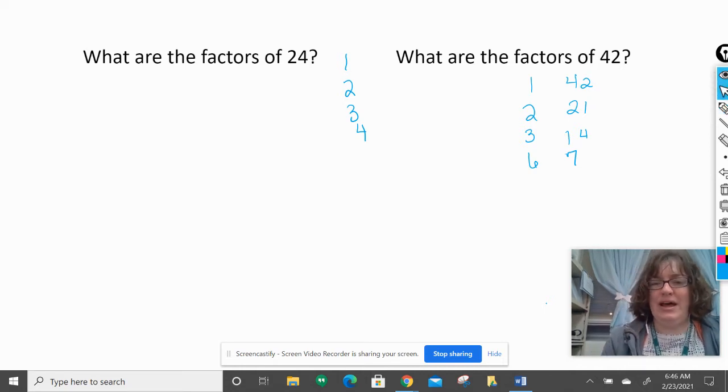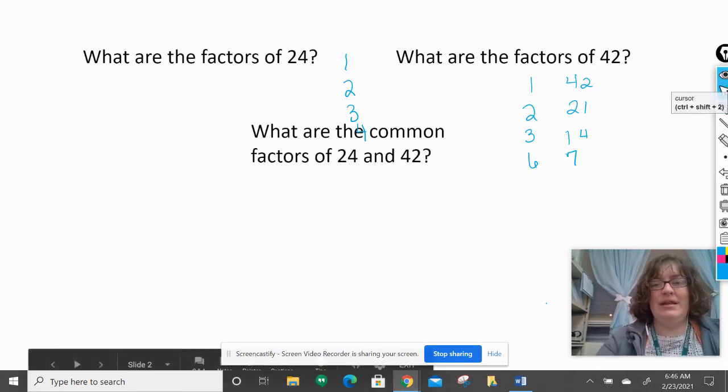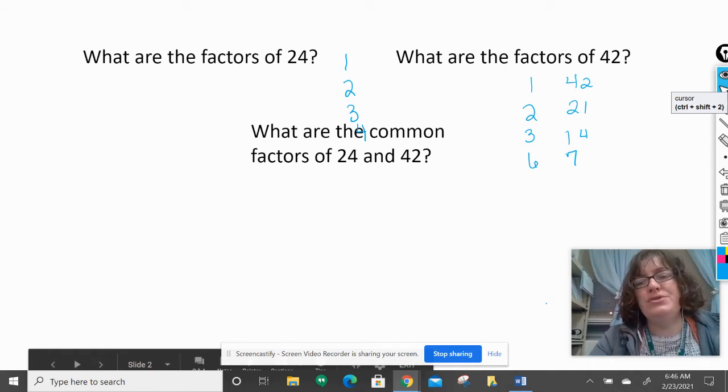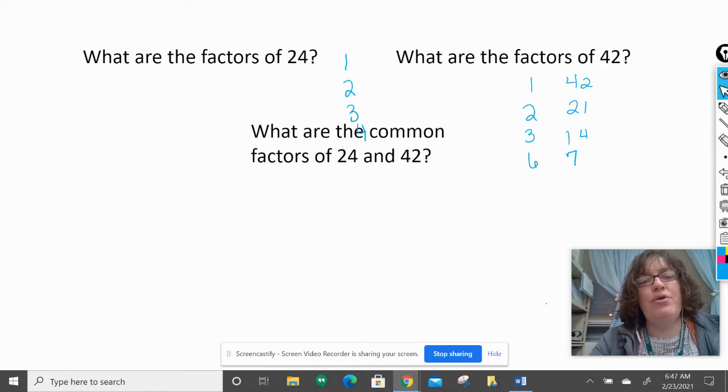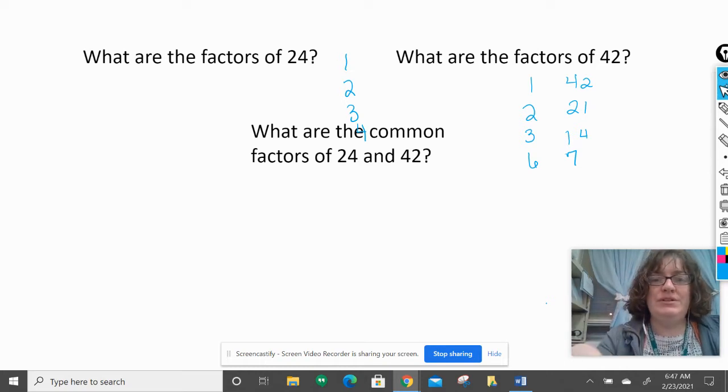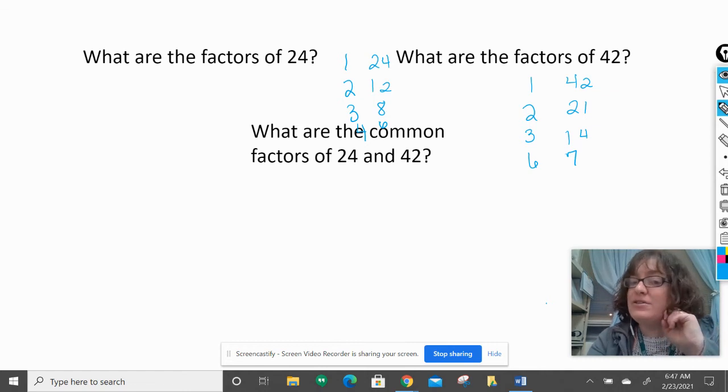All right, let's try one last one. Can you now look at those two lists and come up with the common factors of both 24 and 42? So let me put these back up here. What are the common factors of 24 and 42? When I ask that question, what I'm looking for is what numbers are on both lists.